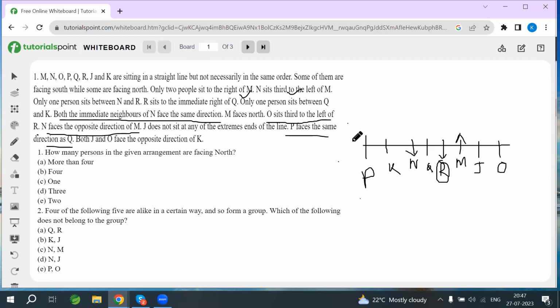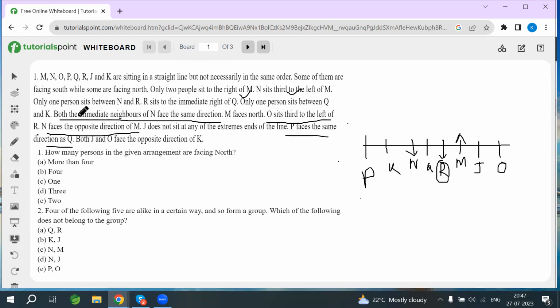Now to the direction part. Only two people sit to the right of M, it's done. N sits third to the left of M, it's done. Only one person sits between N and R. Only one person sits between Q and K, one person is there.